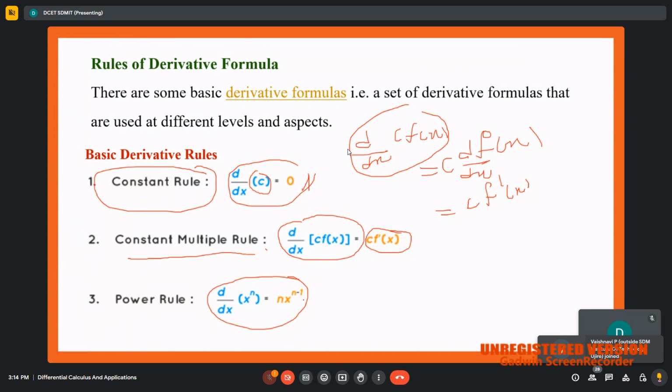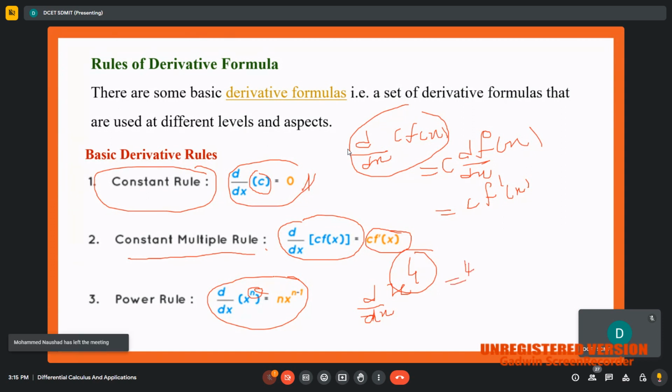See here, for example, for the power rule, what is the differentiation d by dx of x to the power of 4? In the place of n here, 4 is there. We have to apply the power rule here. In which way are we applying the power rule? This is equal to n, which is 4, into x to the power of n minus 1.